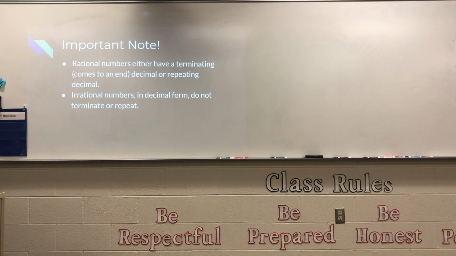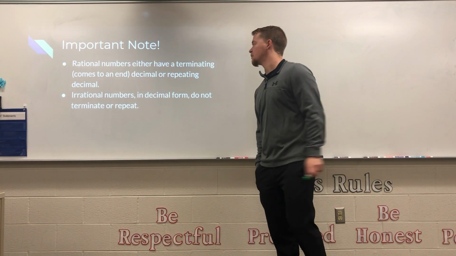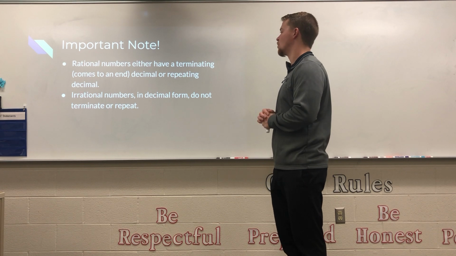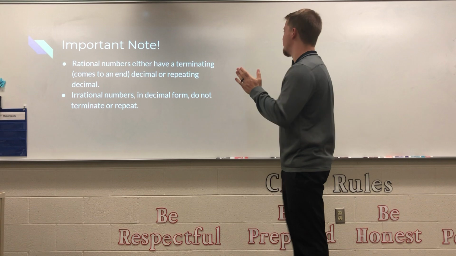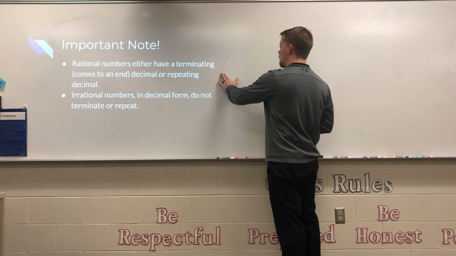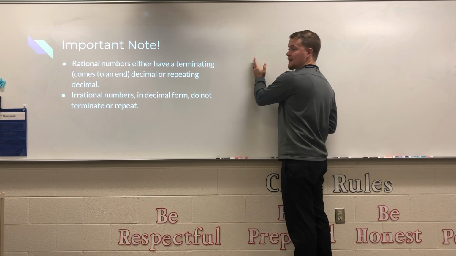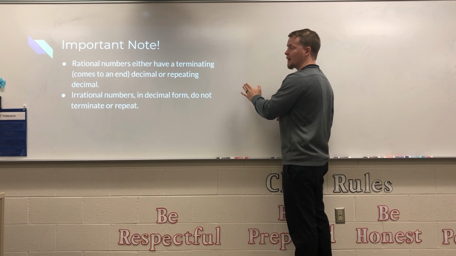An important note to understand with rational and irrational numbers: rational numbers either have a terminating decimal, meaning it comes to an end, or a repeating decimal. So it might come to an end, like 0.435, and that's it, it stops. That would be considered rational.